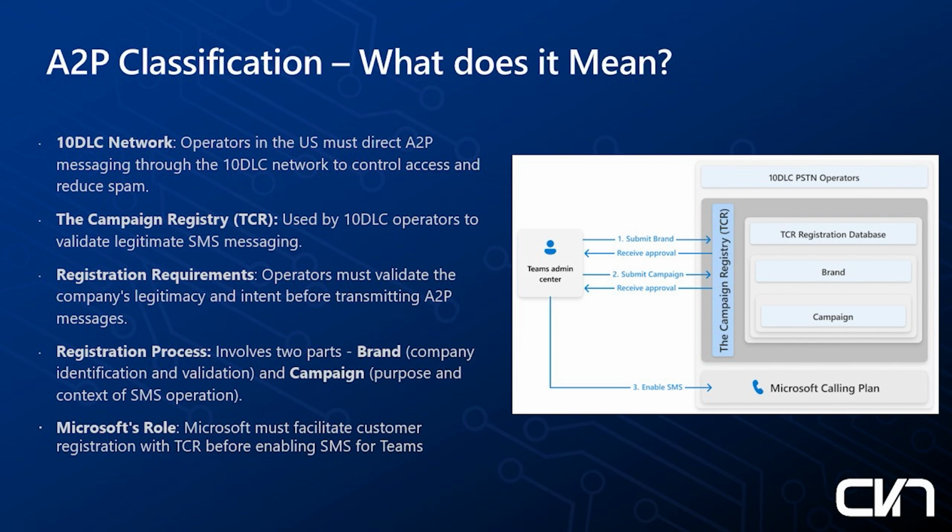So you'll have to go through this registration process in order to turn on SMS for your calling plans in the Teams Admin Center. Now, Microsoft has made this somewhat easy. You can manage all of this in the Teams Admin Center, and they're relaying that on your behalf to the 10DLC network to register.